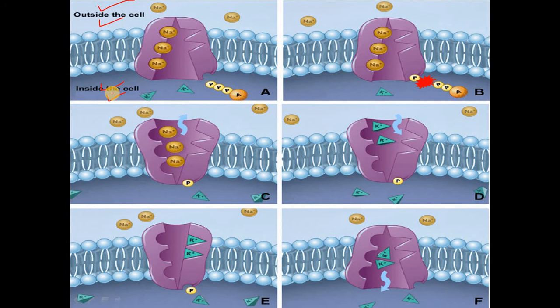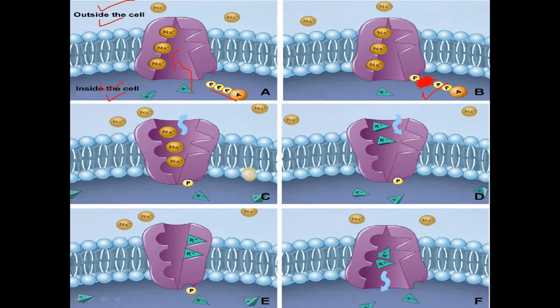So here ions go from low concentration to high concentration. As per this, 3 Na plus from inside the cell are trapped into the cavity of the cell membrane, and here adenosine triphosphate is converted into adenosine diphosphate.